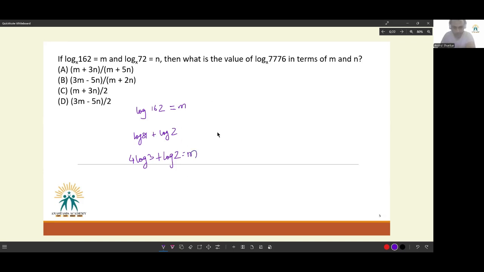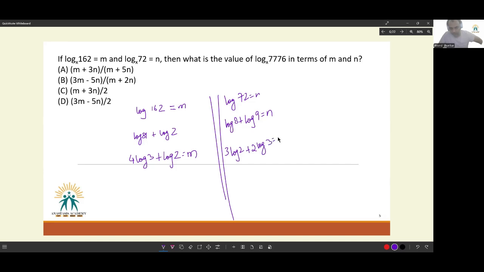I've got this. The other working I have is log 72 is equal to n. So I'll have log 8 plus log 9 is equal to n. So 3 log 2 plus 2 log 3 is equal to n.